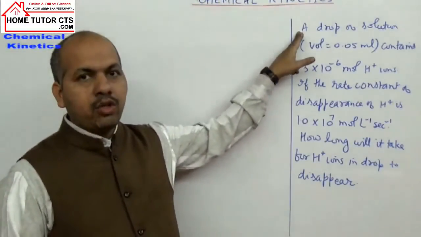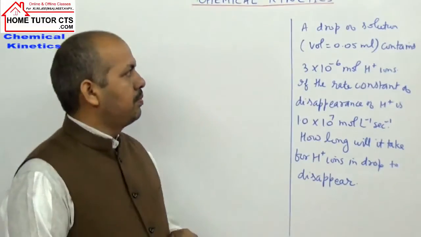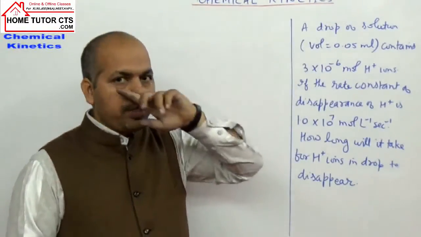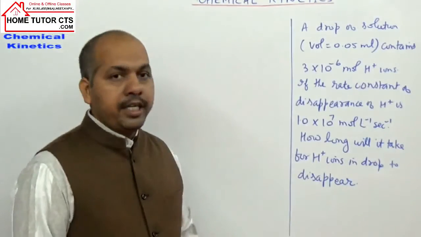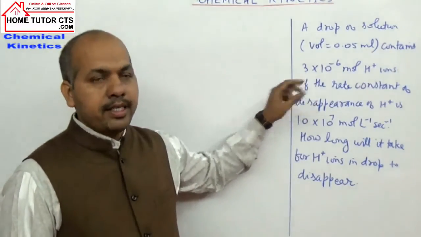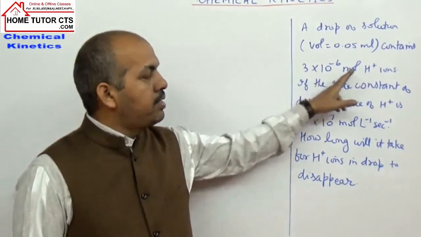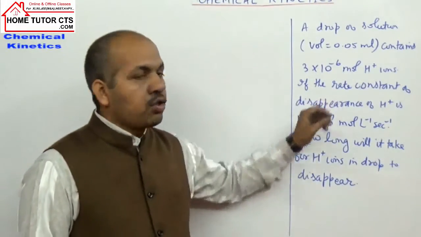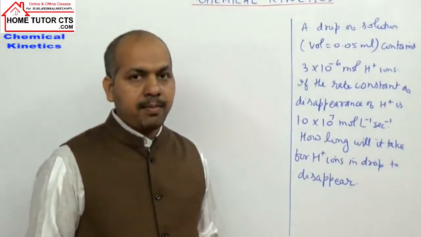Look, write down the question. A drop of solution, volume given 0.05 milliliter, contains 3 into 10 to power minus 6 moles of hydrogen plus ions.